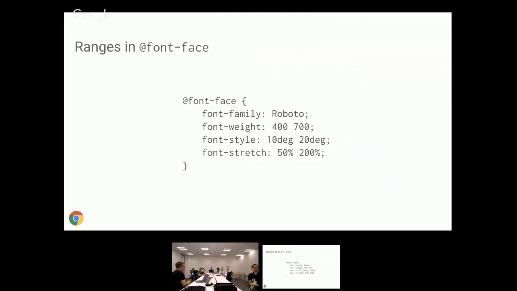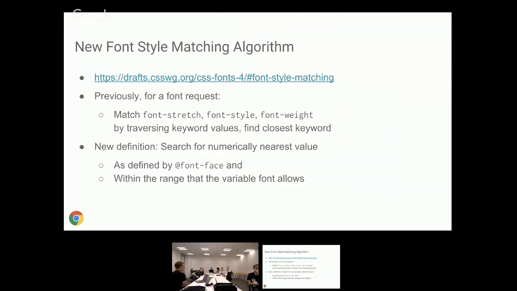What you want here is something like this, where you can say the font weight can range from 400 to 700, font style can range from 10 degrees slant to 20 degrees slant. Stretch can range from ultra condensed to ultra expanded, 50% to 200%. And it's also required to have a new font style matching algorithm.